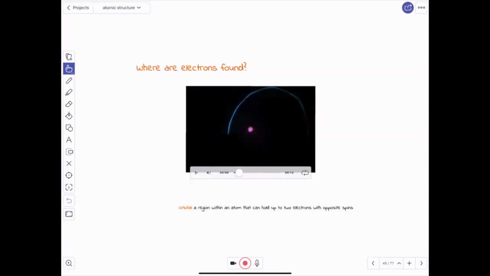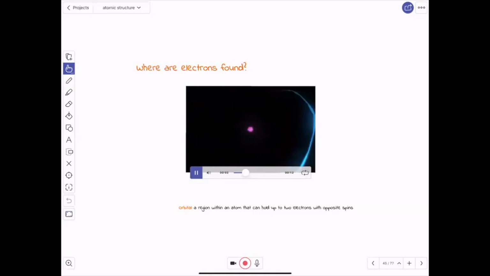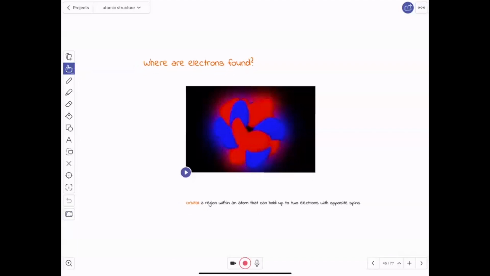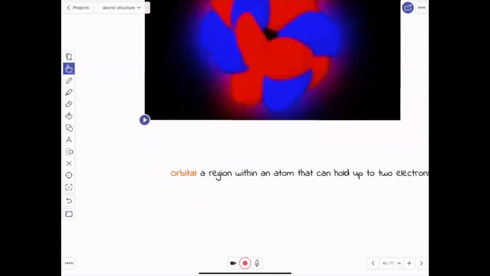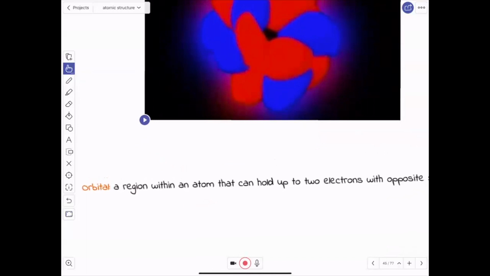Electrons have both a wave nature, like light, and a particle nature. For that reason, scientists, physicists, have come up with a definition known as orbital. Instead of saying orbit, this year we're going to say an orbital.